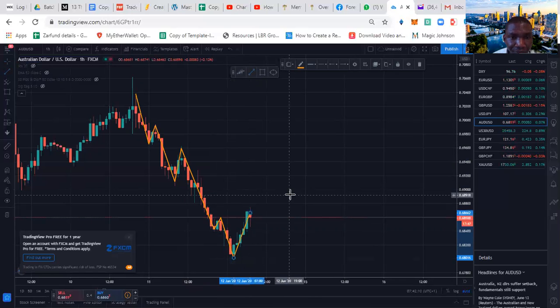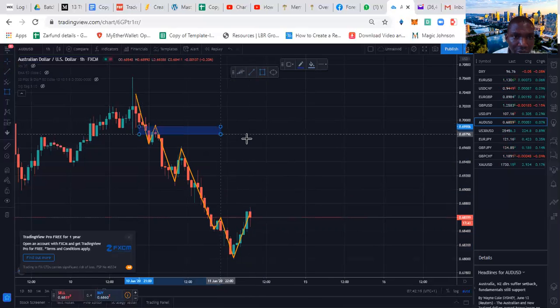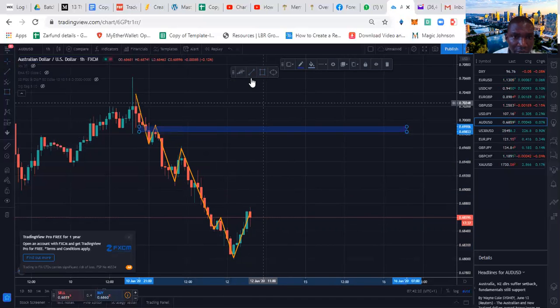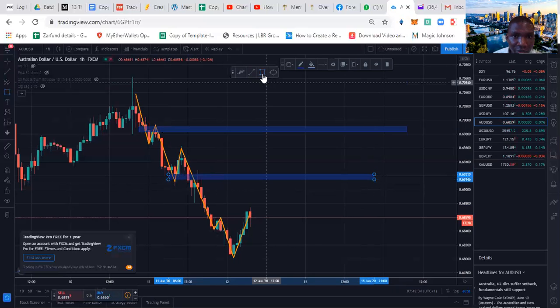All right, so let's look at the structures in AUD USD. So we had a structure here, we had a structure here. Then we had another structure here. We have a bottom structure there.